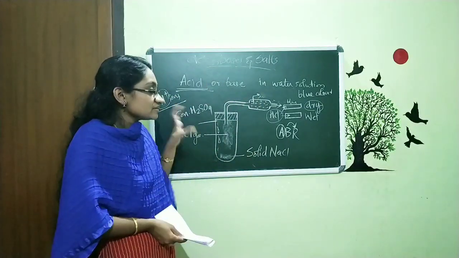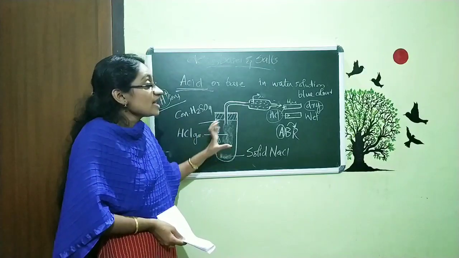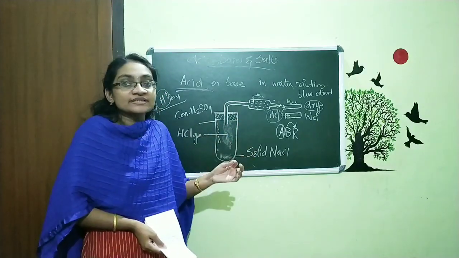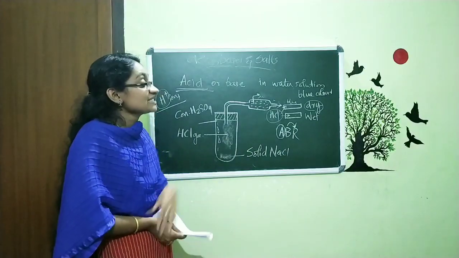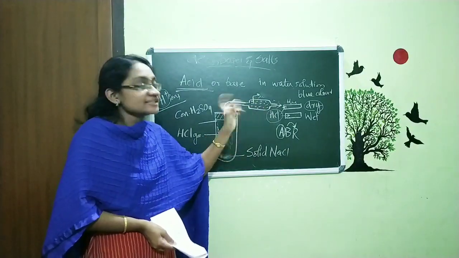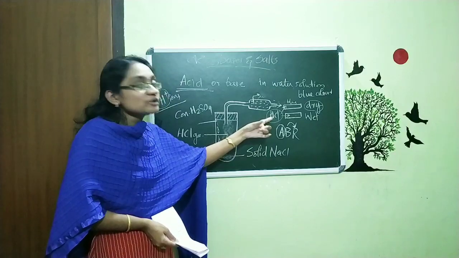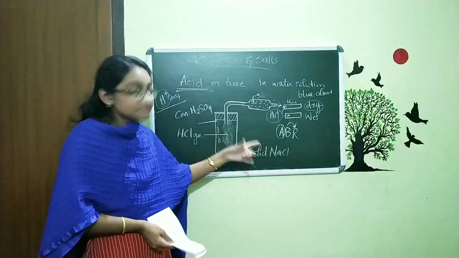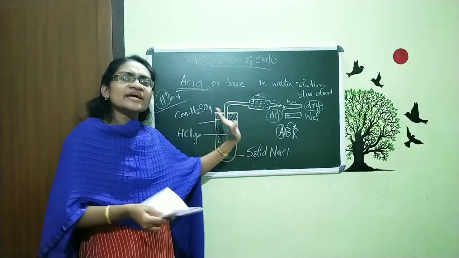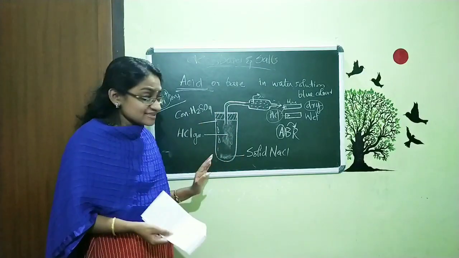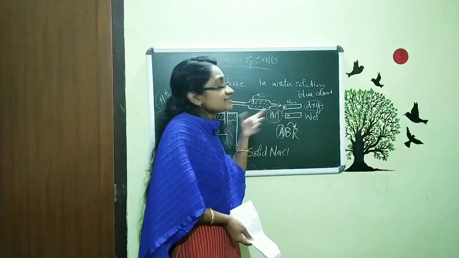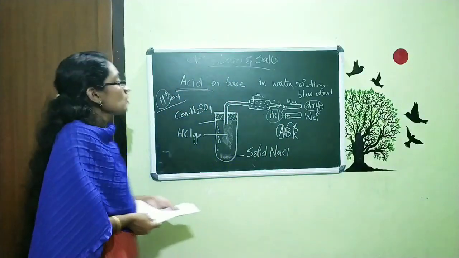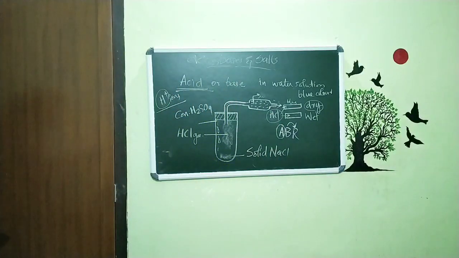Our aim is to check the role of water in the behavior of acid. When there is water content, HCl is able to produce H plus ions. Otherwise HCl is only a compound not behaving as acid. The water reacts with HCl and forms H plus ions, and that is how we can say it is acid.